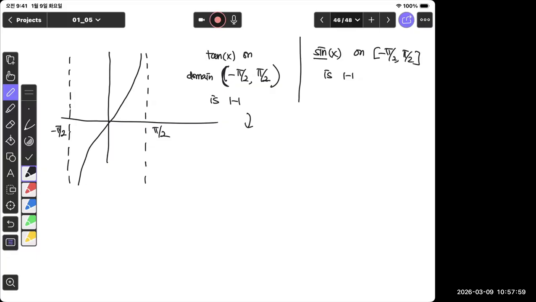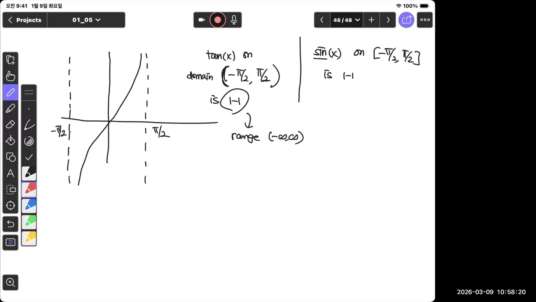And the range will be the whole real line from minus infinity to infinity. When I restrict the domain this way, it is one-to-one, so I can consider its inverse function.